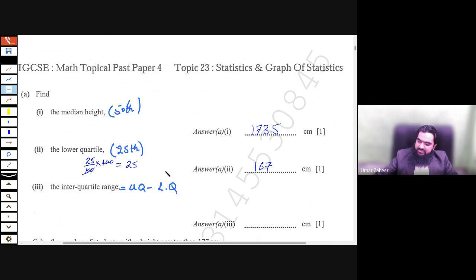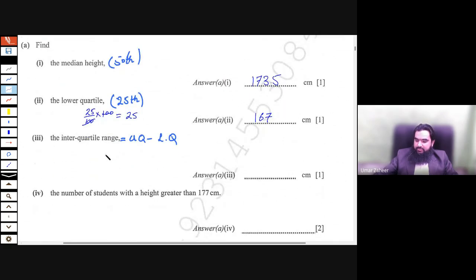In the next part, he says that you have to find the upper quartile minus the lower quartile. The lower quartile you have already found. You need to find the upper quartile. So you have to find the 75th percentile: 75 divided by 100 into 100, so it cancels out and the final answer will be 75.